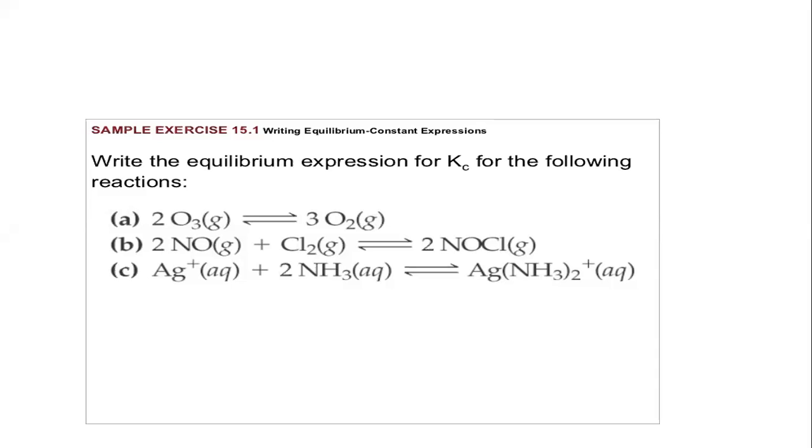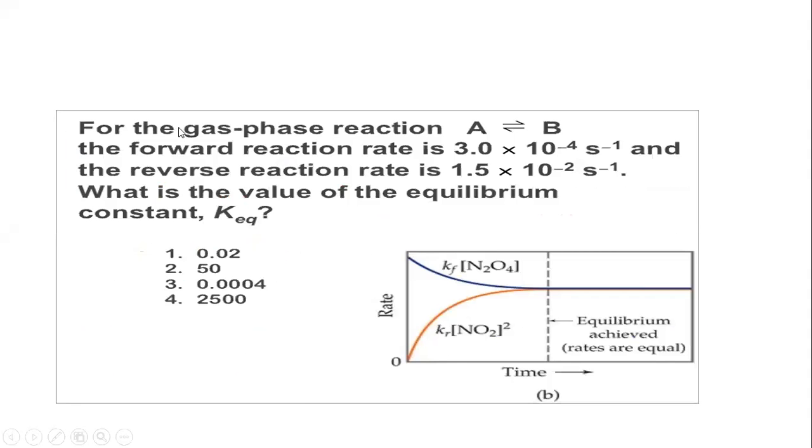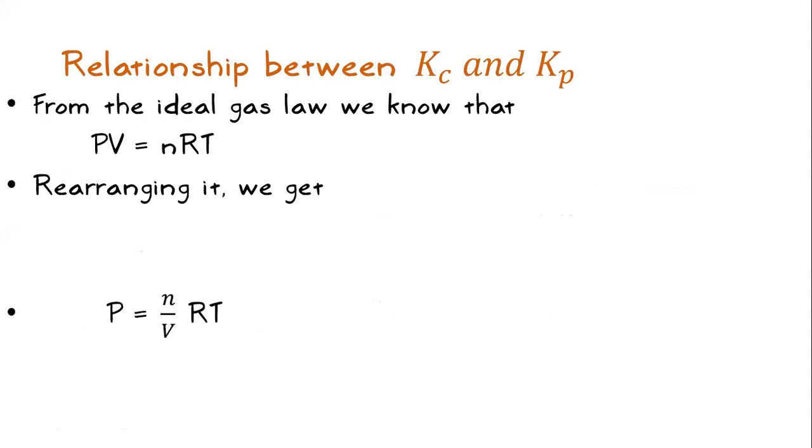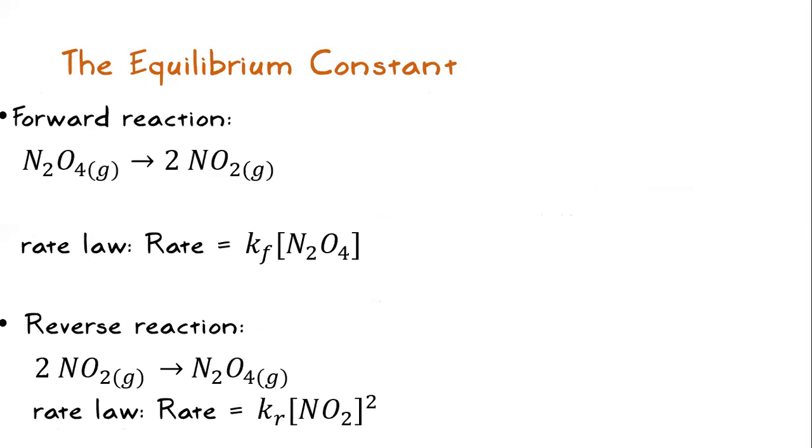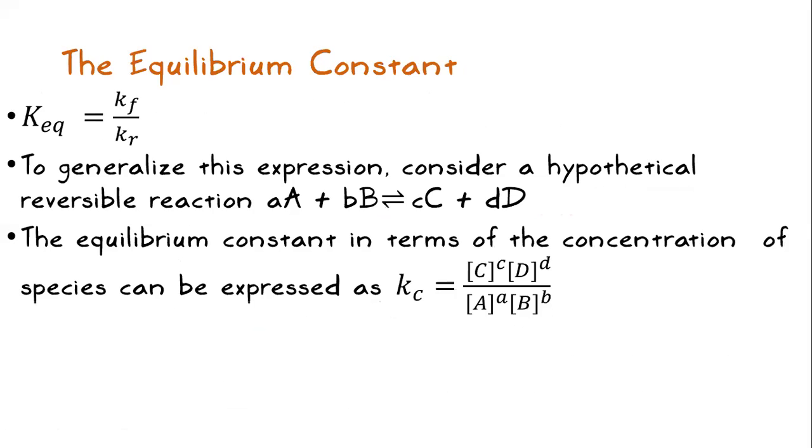So let's look at it together. Let's go back to the previous slides and see what we are doing here. Let's look at this equation and how we did this one for Kc. Here we even have two reactants and two products.